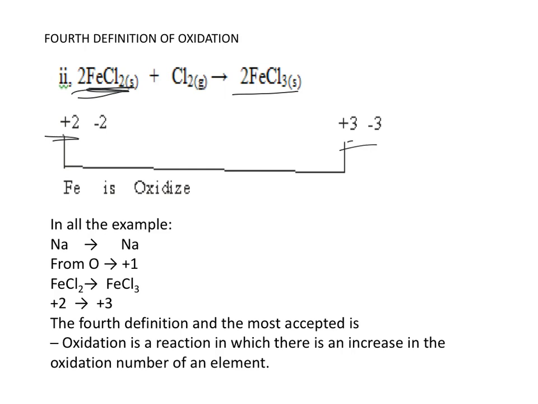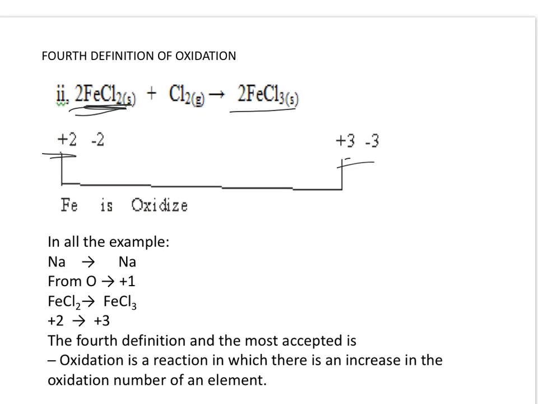While chlorine, on the other hand, moved from 0 in this state to -1 in this state, meaning that it gained an electron. So this is oxidation for iron Fe and reduction for chlorine Cl. In all examples, Na moved from 0 to +1, while Fe moved from +2 to +3.